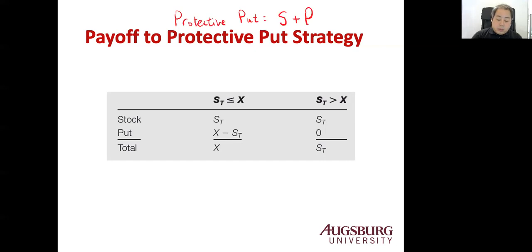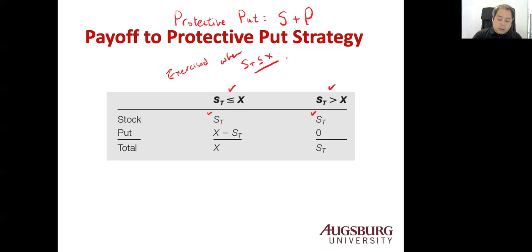There are two cases: the stock price may be lower than the exercise price, or higher than the exercise price. Obviously, your stock is worth ST. Now, the put option is only exercised when the stock price is below the exercise price, right?